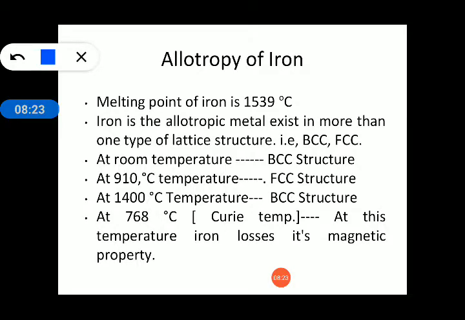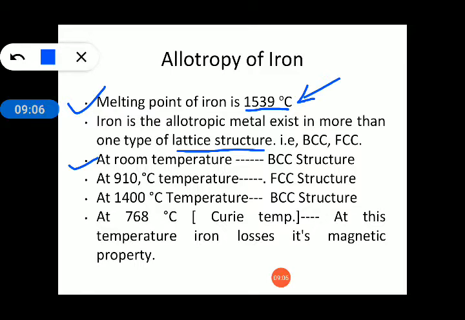Allotropy of iron: as we discussed in the crystal structure, the melting point of pure iron is 1539 degree centigrade, so please keep this in mind. Iron is an allotropic metal that exists in more than one type of lattice structure. We have seen the different structures, that is BCC, FCC and again BCC. At room temperature, the BCC structure is known as alpha ferrite.